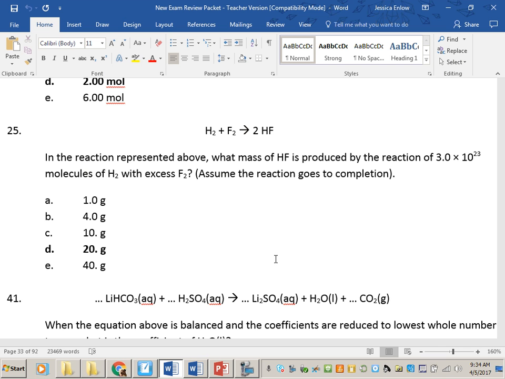Because you're using Avogadro's number: 1 mole of H2 over 6.022 times 10 to the 23rd molecules of H2. Okay, and then you did? 2 moles of HF over 1 mole of H2, and then molar mass of 20 grams for HF.